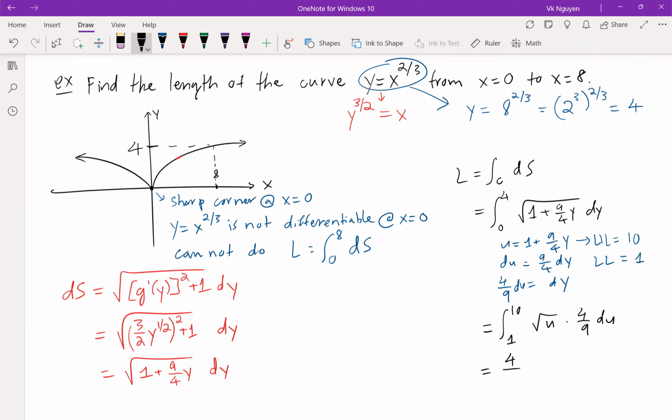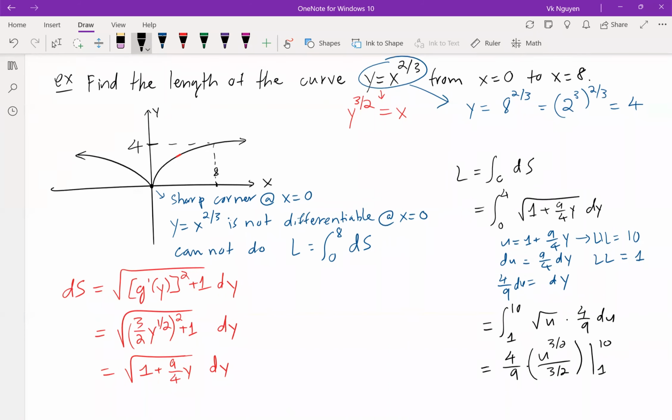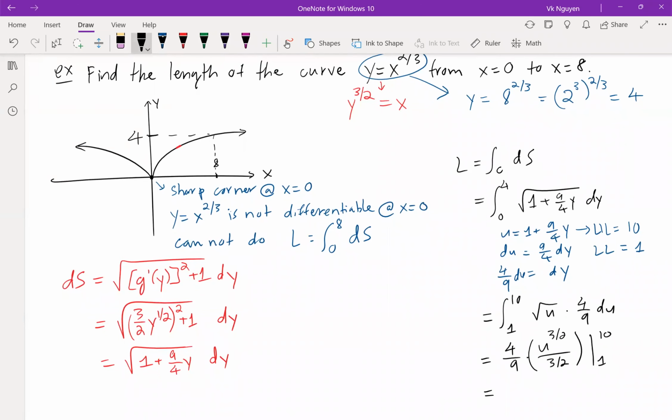So 4 over 9 times u to the 3 over 2 over 3 over 2, evaluated from 1 to 10. 4 over 9 times 2 over 3.